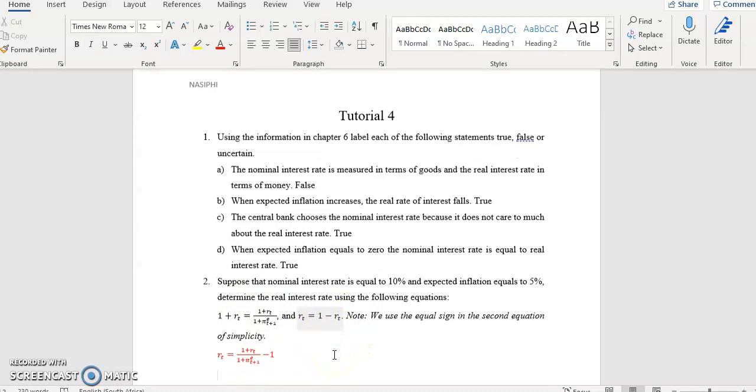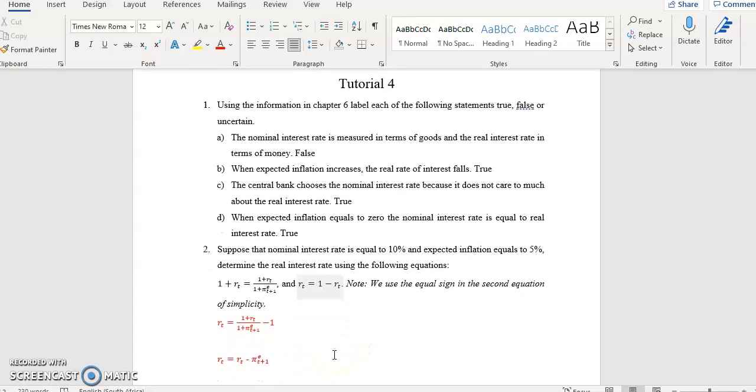That means we will have two answers, one for each equation. Because I've already simplified our equations, you just substitute your figures into the equation, calculate, and get the answer.